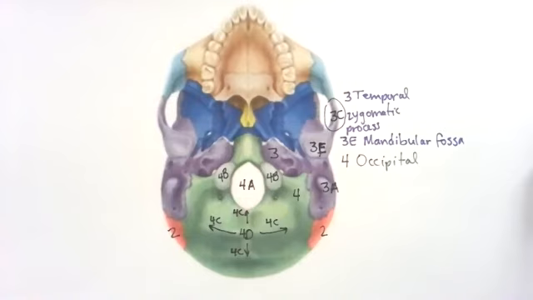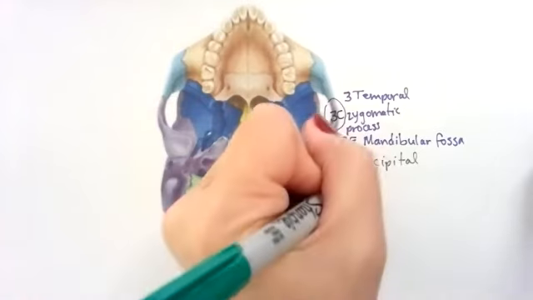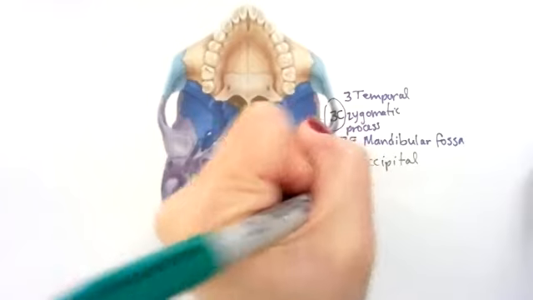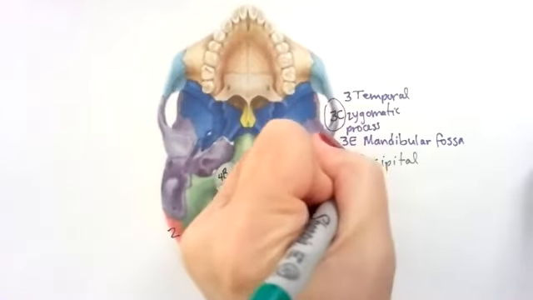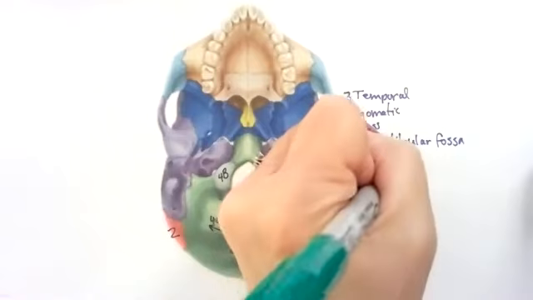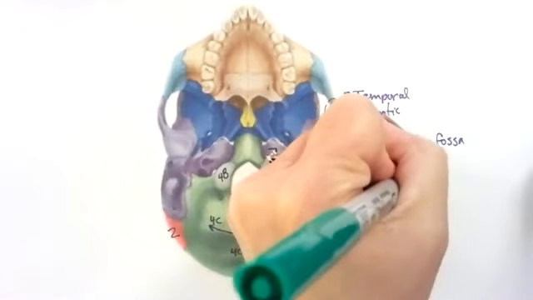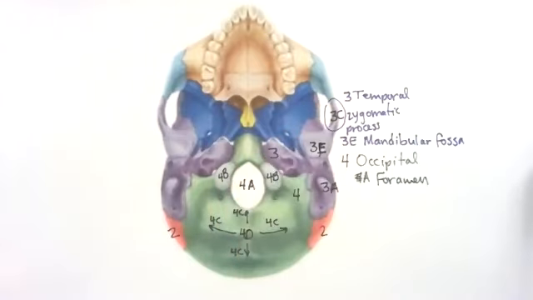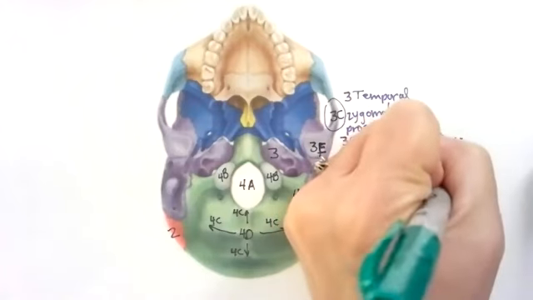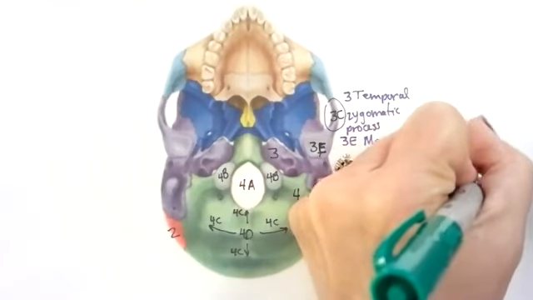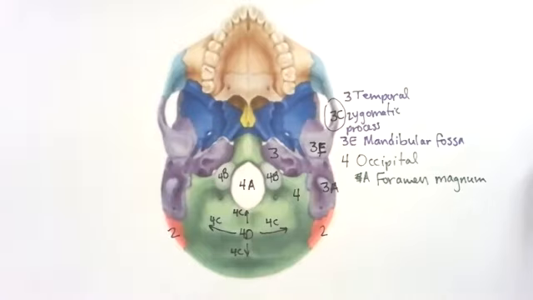So let's start with 4A. 4A, and I'm just going to put A, B, C, D, is the foramen. And this is a big one, right? Our other foramens were really small, so because it's large, magnum. So magnum's a Latin word for large.